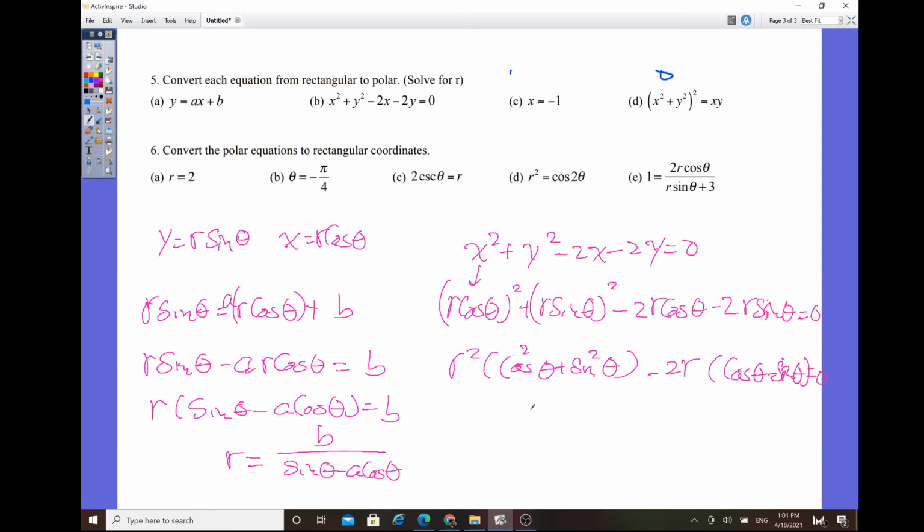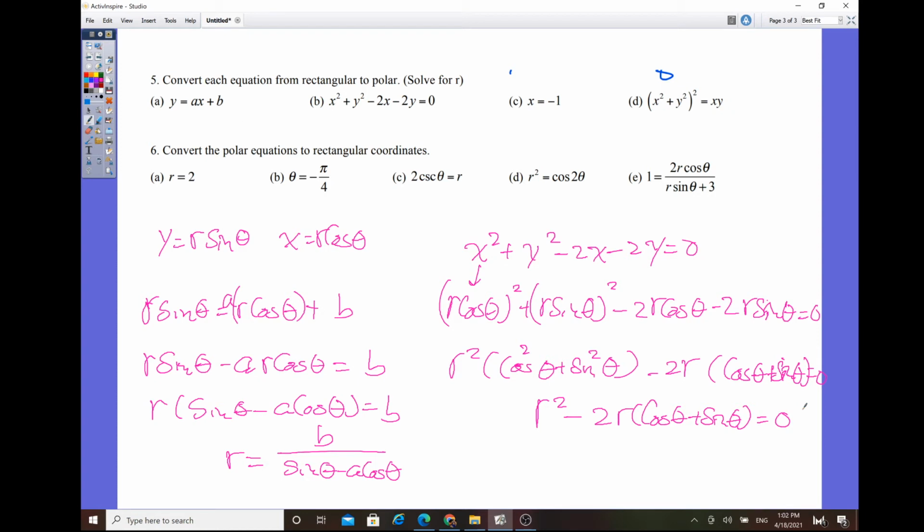So this one is showing that r squared minus 2r times the sum, well, negative negative, so that'd be plus, cosine theta plus sine theta, equals 0.